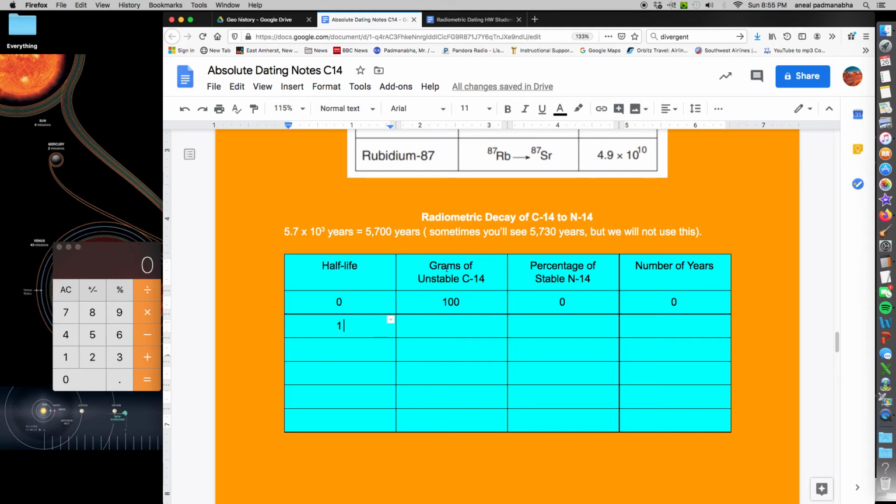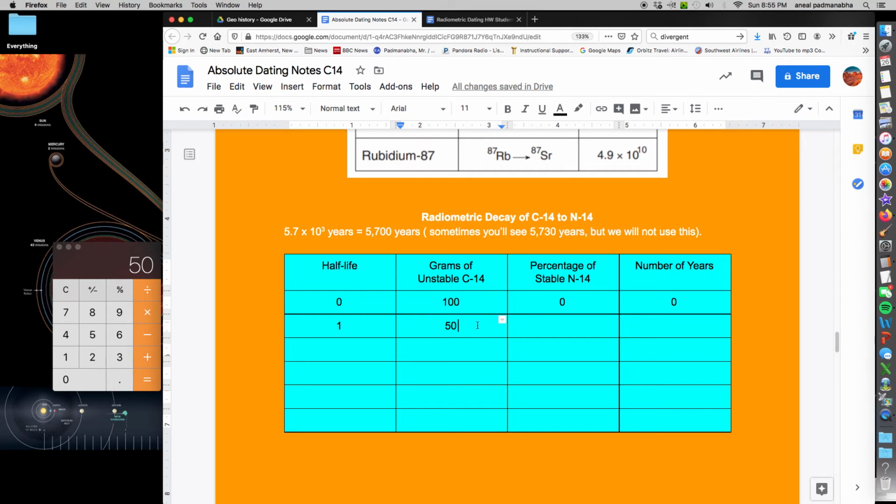That means we've halved the original amount of carbon-14. So we take 100 divided by 2, and that gives us 50. So 100, one half-life, goes down to 50.